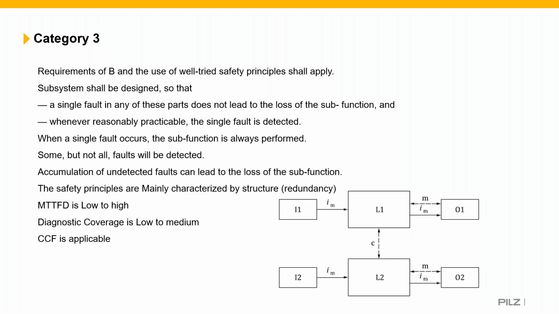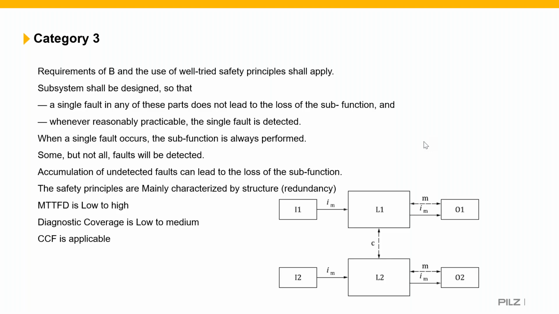However, we cannot detect all dangerous failures, and you can see from the dotted line between the logic device to the output device, that means it's reasonably foreseeable detectable failures. We're not going to detect all failures. Therefore, the maximum you can generally achieve with this is performance level D. And this is where you would come in, obviously, sort of PLD Cat 3 with other specifications.